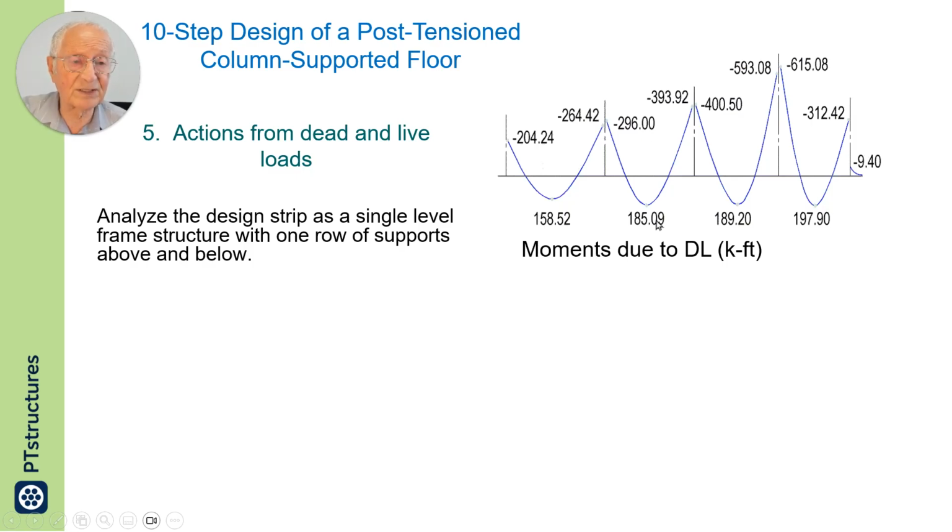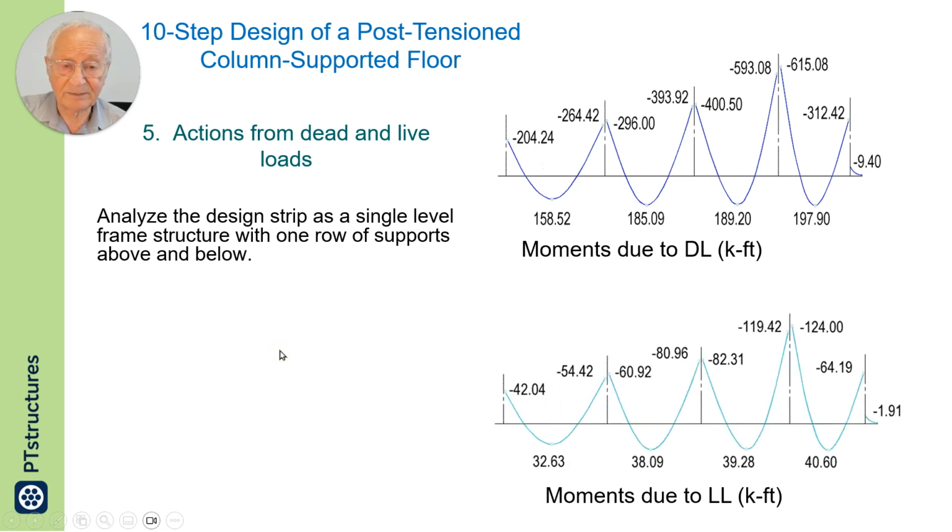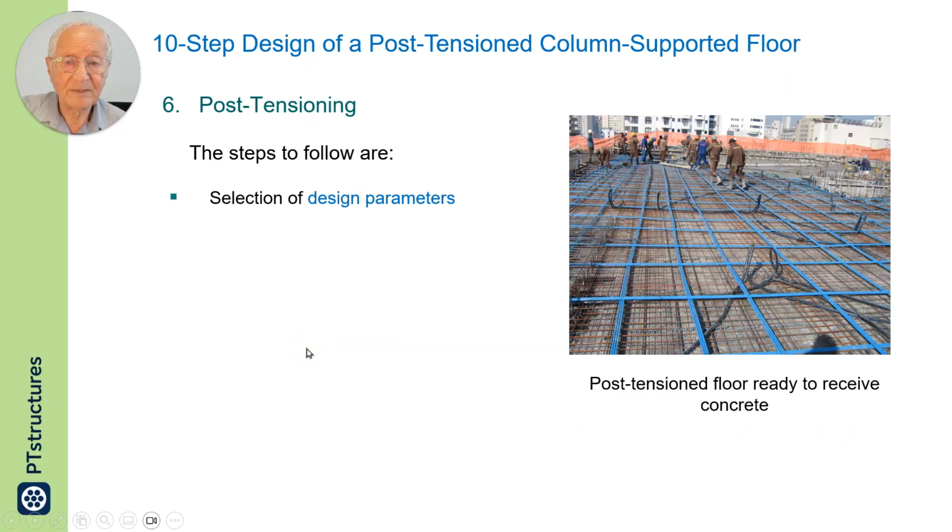For hand calculation, we limit ourselves to 3 points: left, right, center. If there's a computer program that you use, it will check at more points along the span. This is the live load moment, left, right, and center. The values are at the face of support and mid-span.